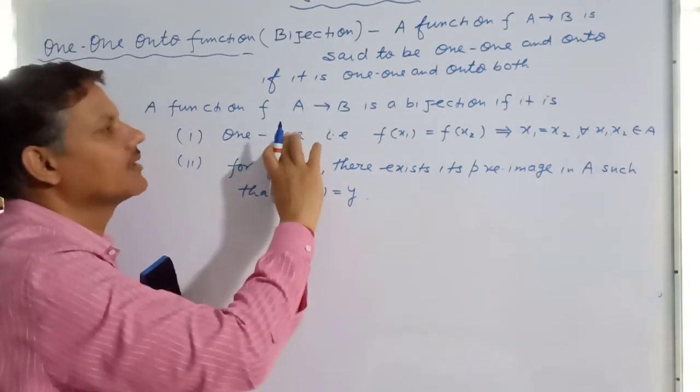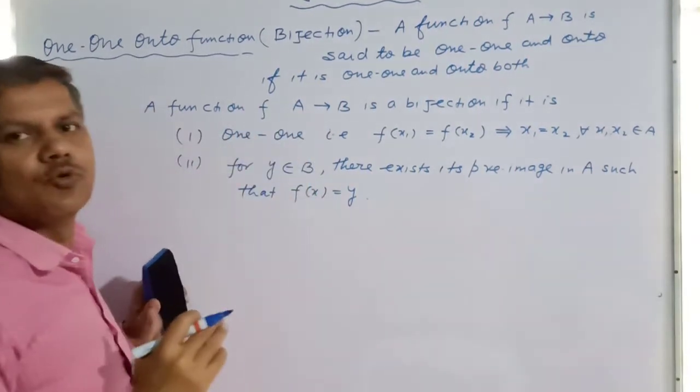So this is the criteria for a function to be a bijection.